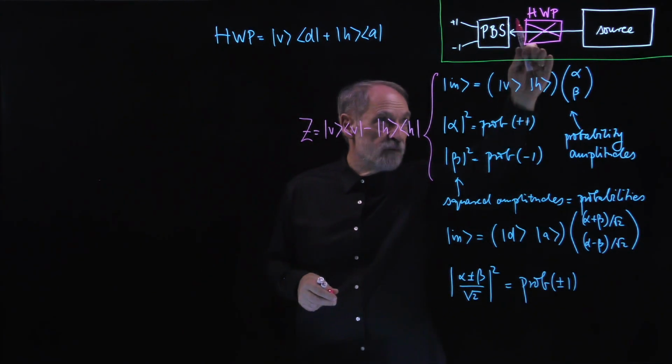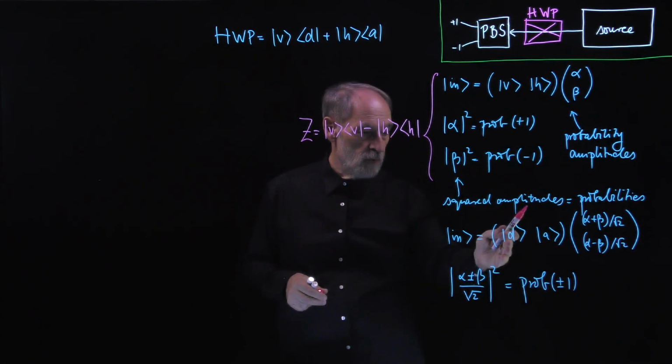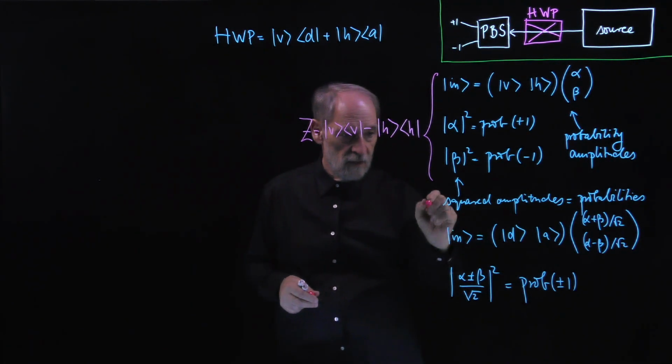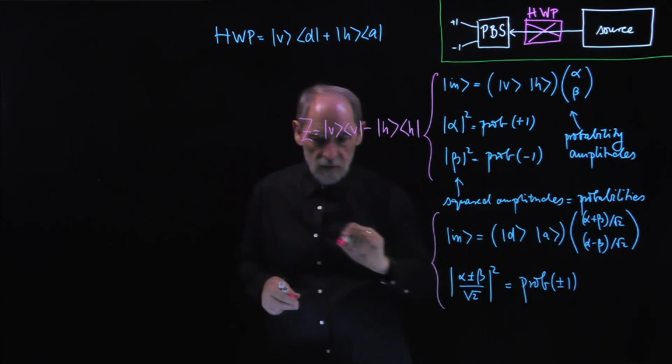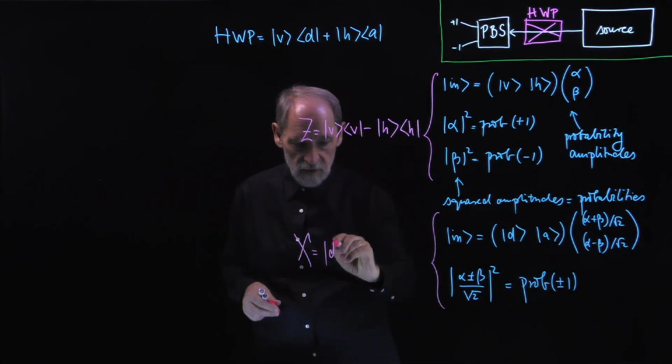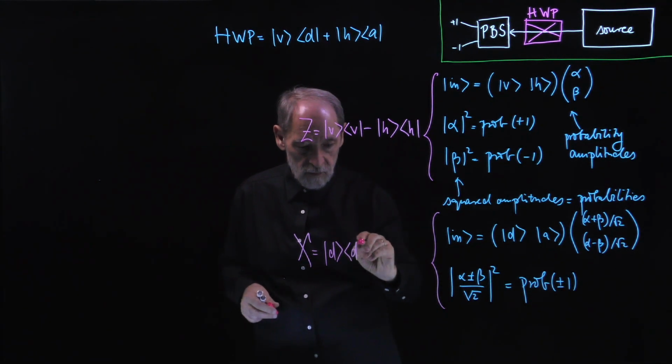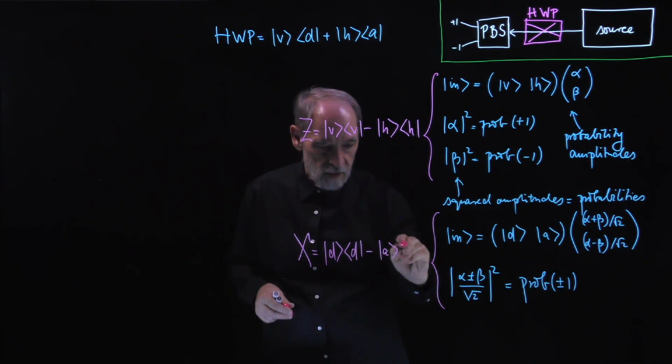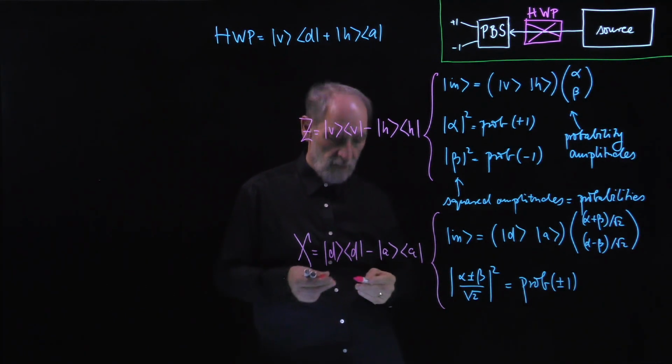And with the half-wave plate in place, we probe for diagonal and anti-diagonal polarization. And here we have the quantity X, which is the analog of this with diagonal ket bra, and the anti-diagonal goes with the minus sign.